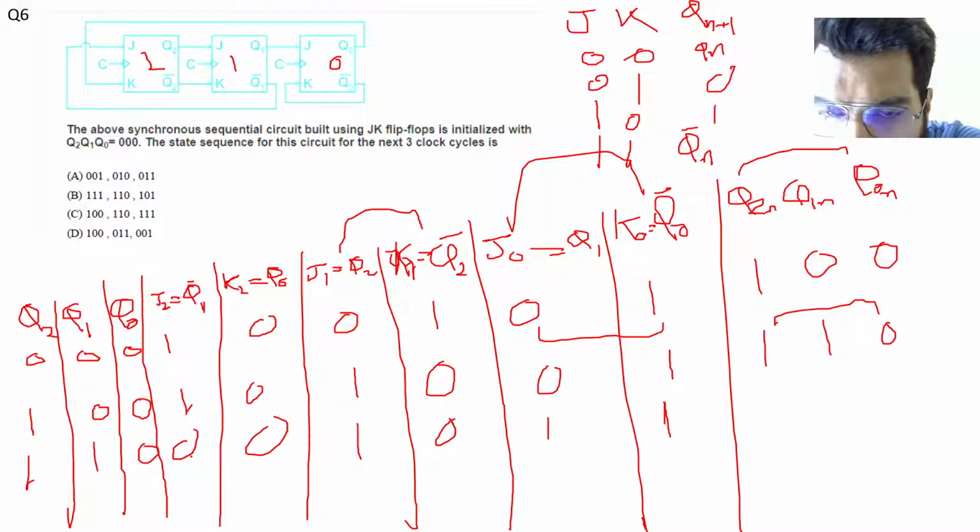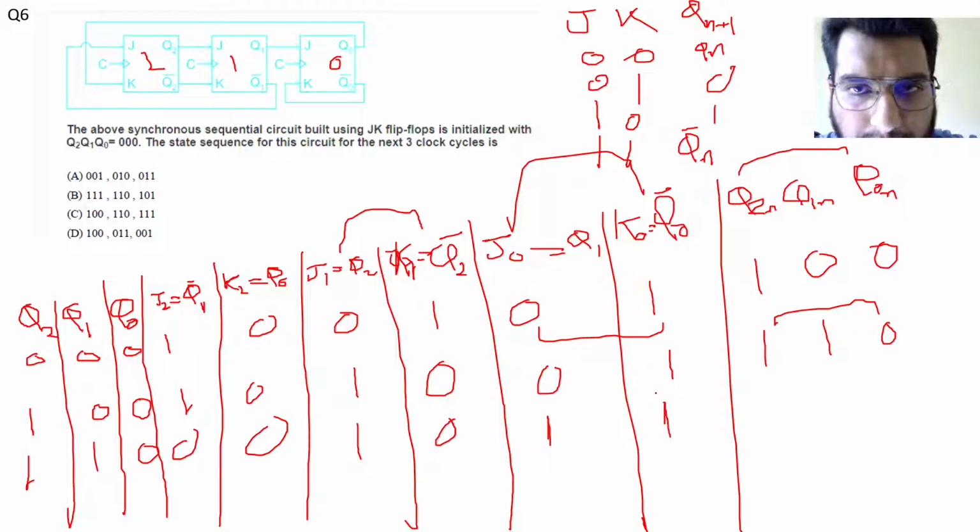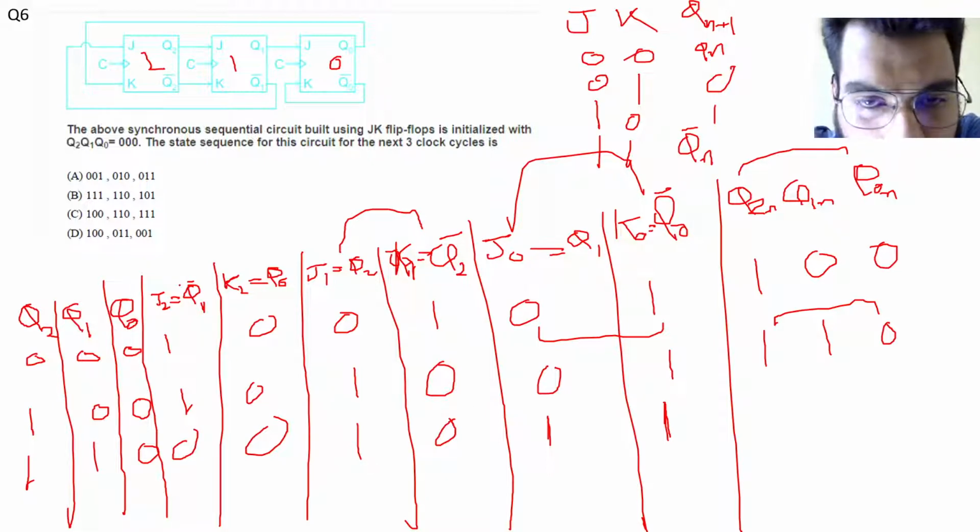J0 equal to Q1, Q1 is 1, and K0 equal to Q0 complement. Q0 complement will be 1. Okay, fine, it's correct. So let's check first the flip flop 2, with 0 0, it will have a memory state.